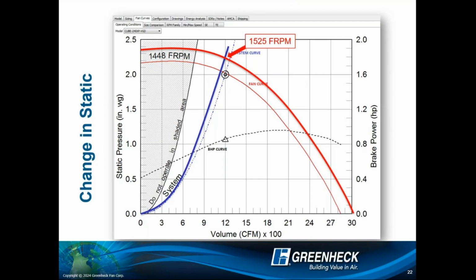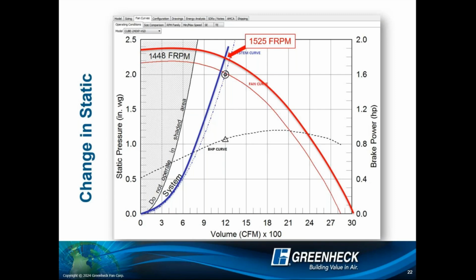And mind you, I overcame just a 1/4 inch of static pressure, right? If I were to have more and more static pressure, say I'm a 1/2 inch or an inch of static pressure off, that blue system resistance line is going to keep arcing farther and farther, even crossing into the do not operate zone, right? So this is something when we're doing fan selection as we move forward with this webinar. You know, what is a good fan selection?